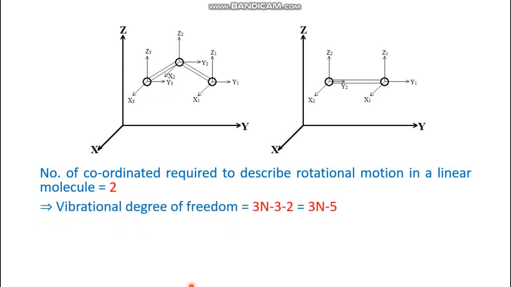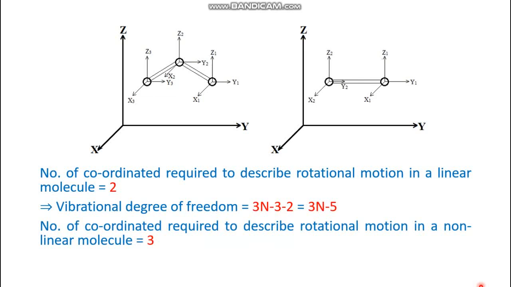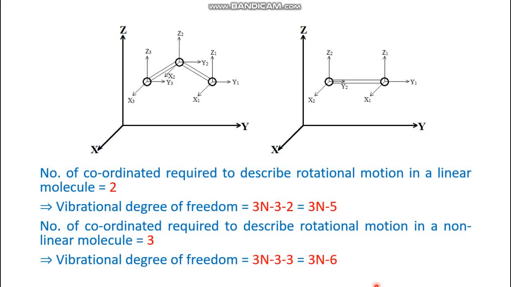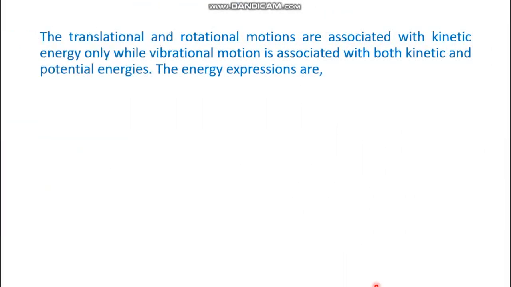So what about the number of vibrational degrees of freedom for a linear molecule? For a linear molecule, we have to deduct 2 from 3n minus 3, and it is finally 3n minus 5. And for a non-linear molecule, as it is said that the number of rotational degrees of freedom is 3, therefore 3 has to be deducted from 3n minus 3, and the final result is 3n minus 6.